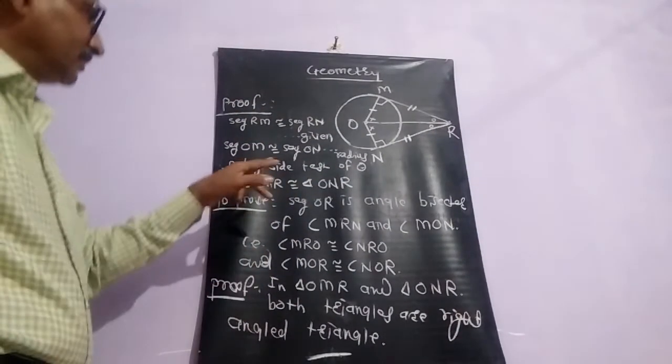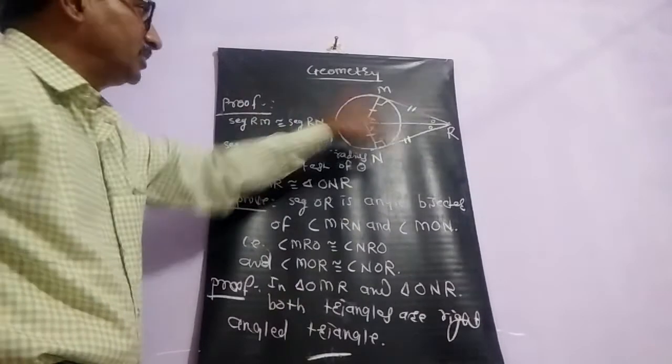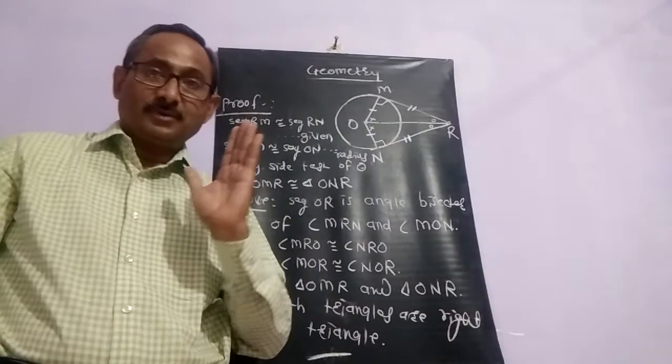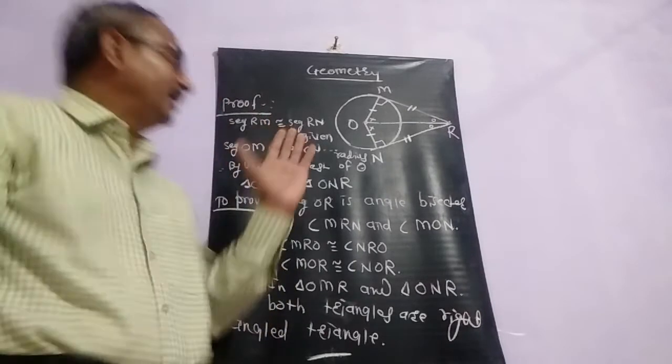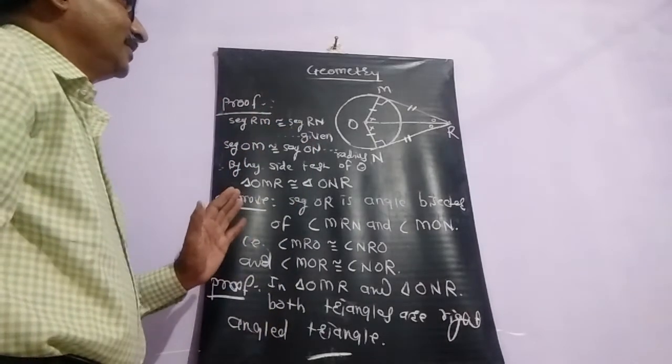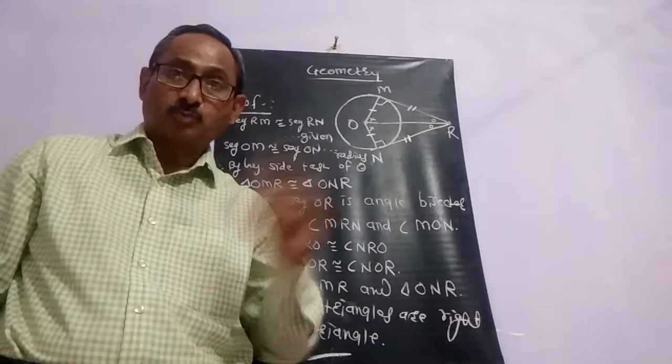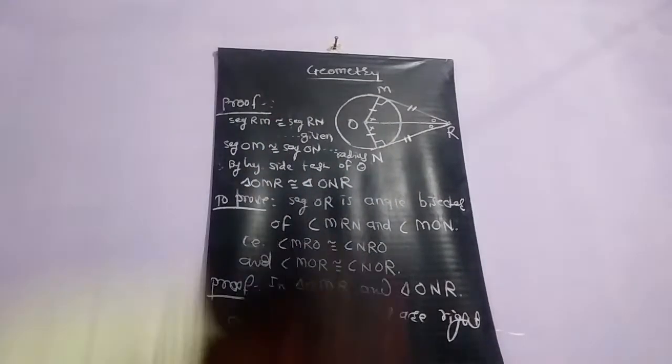So by this test, both the triangles are congruent, and so the remaining parts of both the triangles are also congruent.